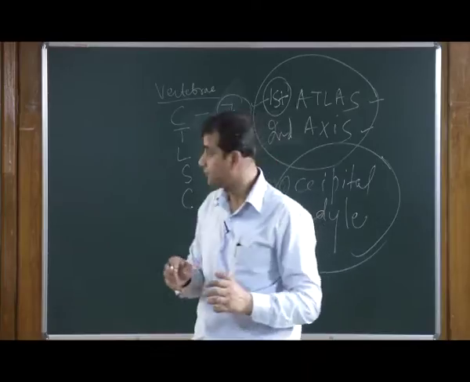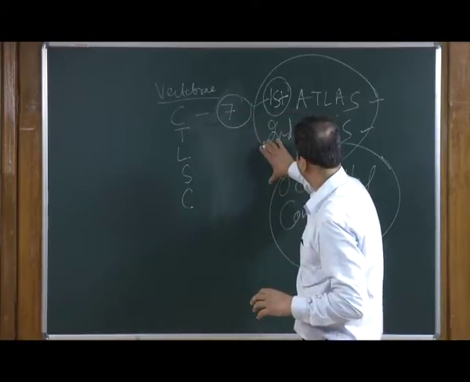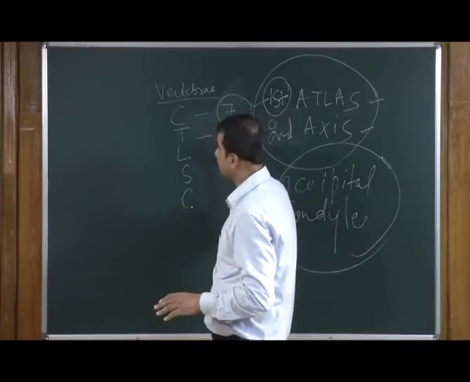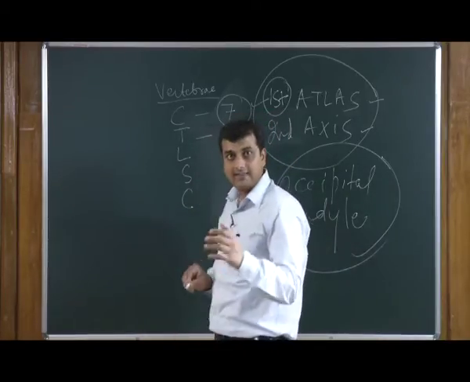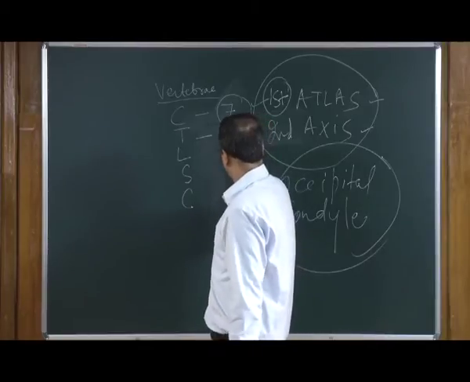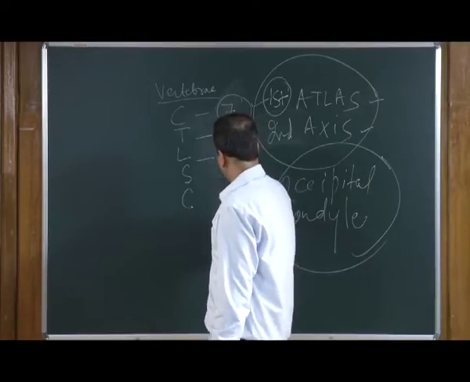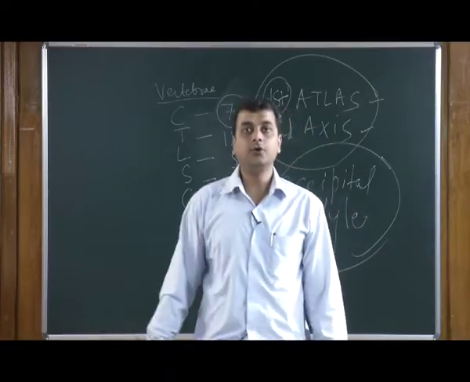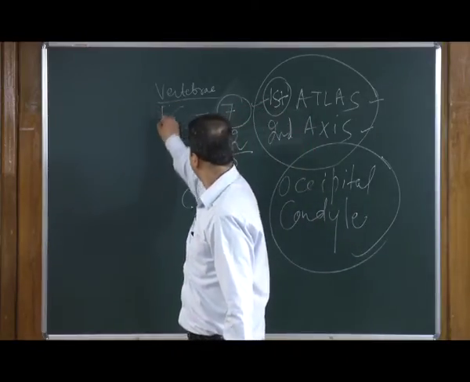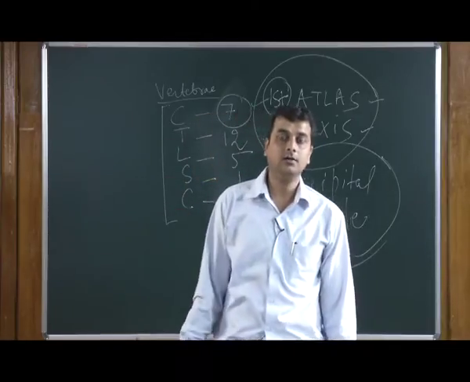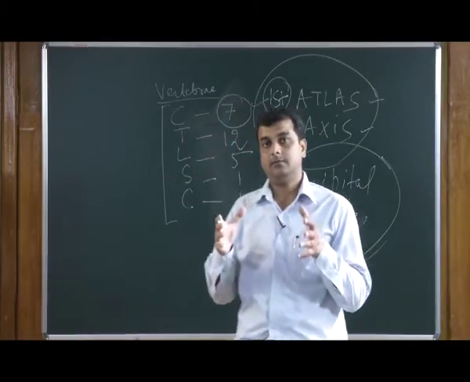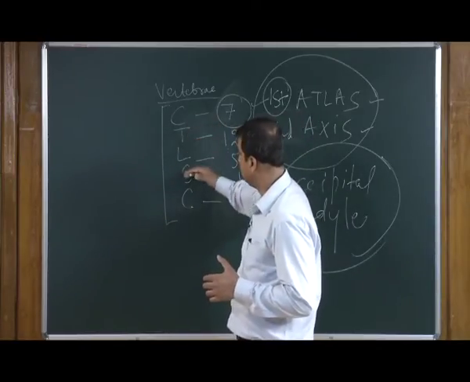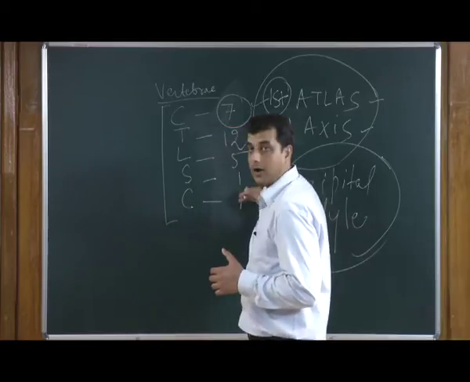Now, since we are discussing numbers, we have 7 cervical vertebrae, as I discussed. Thoracic vertebrae are 12 in number, lumbar is 5, sacral 1, and coccygeal 1. So the distinct vertebral regions are cervical, thoracic, lumbar, sacral and caudal: 7, 12, 5, 1, 1.